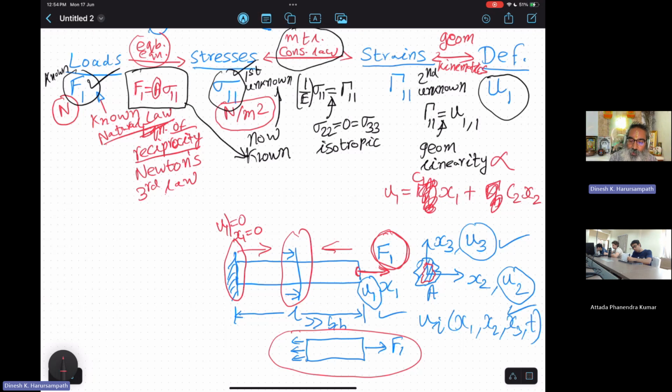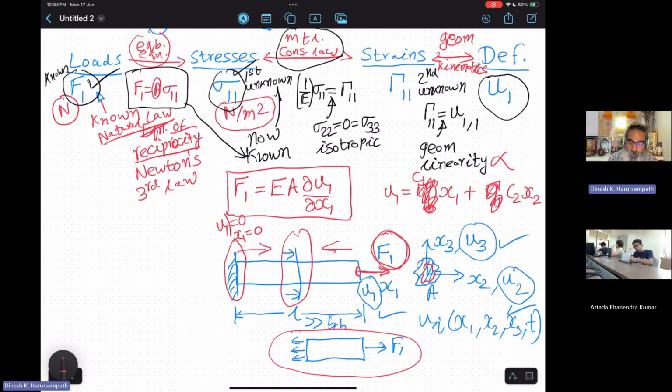And that constant, of course, is given by your sigma 1 by E, which in turn is given because you can back substitute all these values, and the governing equation that you had will be, of course, EA times dou U1 by dou X1, or I can just write it as U1 comma 1 I did earlier, and that's your F1.